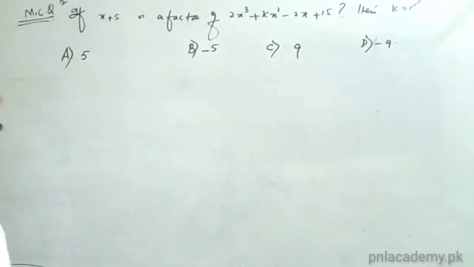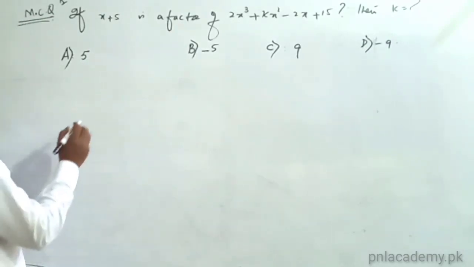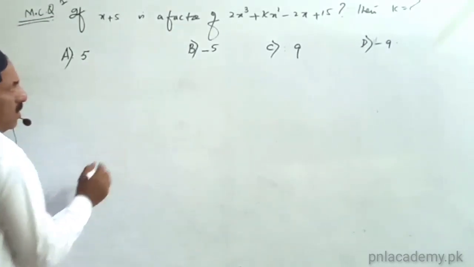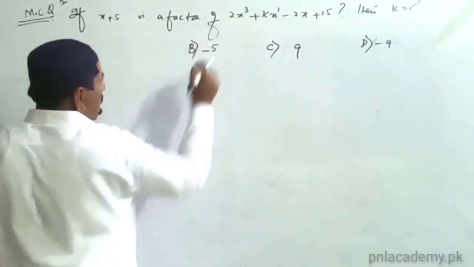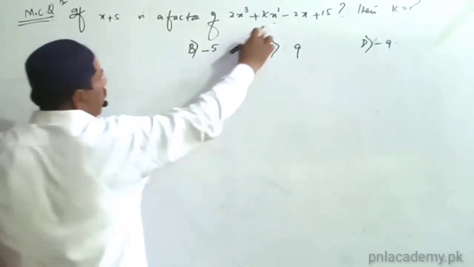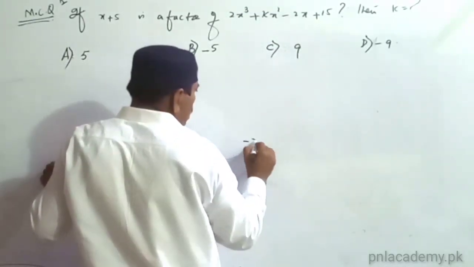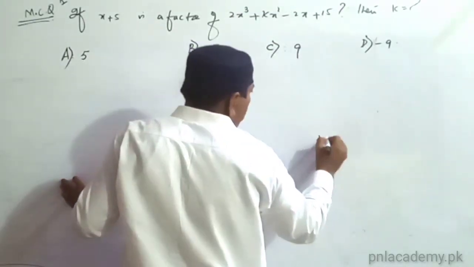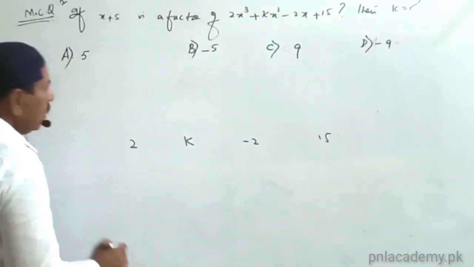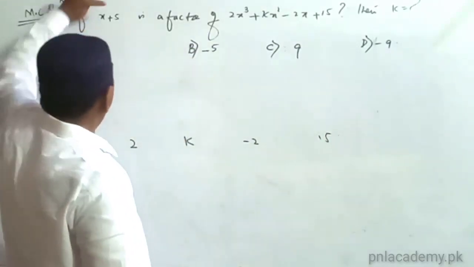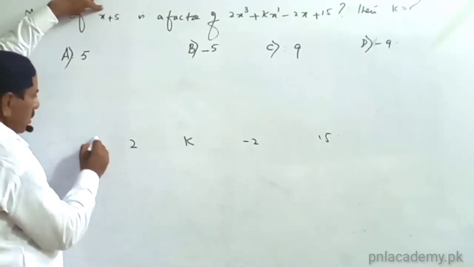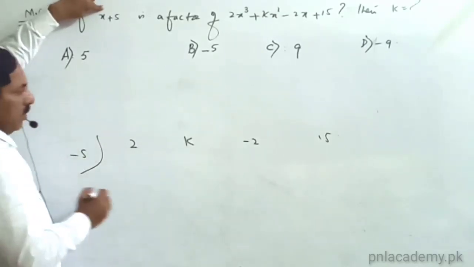So what is the way to find the correct MCQ? You also know, according to synthetic division, the coefficient is 2. The coefficient of x square is k. The coefficient of x is minus 2. The constant term is 15. So from x plus 5 equal to 0, x is equal to minus 5.